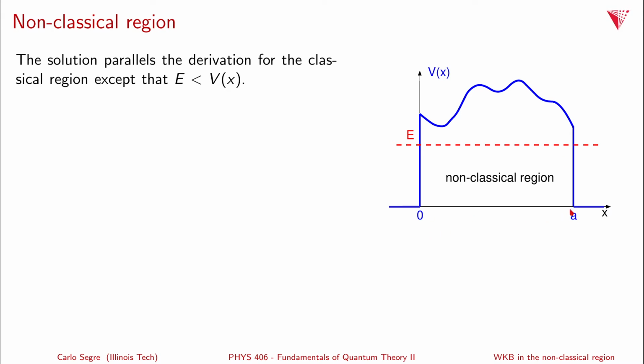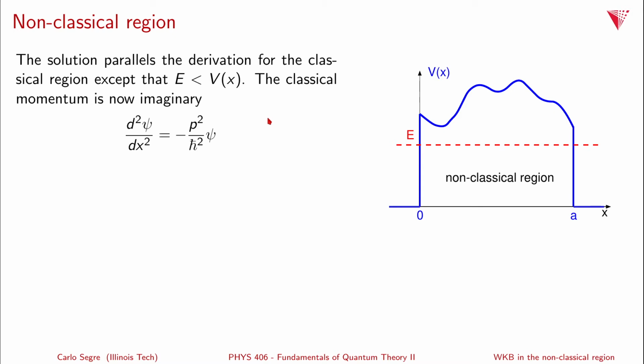So from 0 to a, if we just look from 0 to a, the energy is less than V of x everywhere. Well, now the classical momentum is imaginary because p squared is given by 2m times E minus V of x, and that now is negative, and the square root of that is now imaginary.